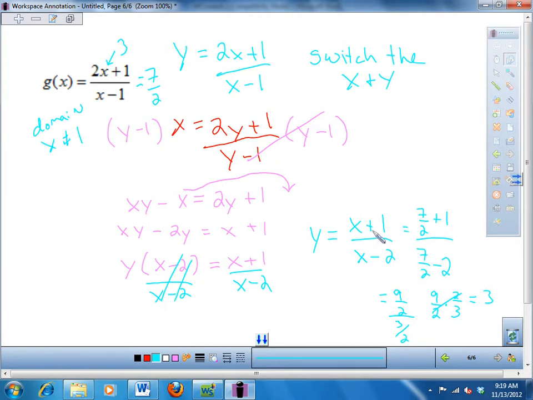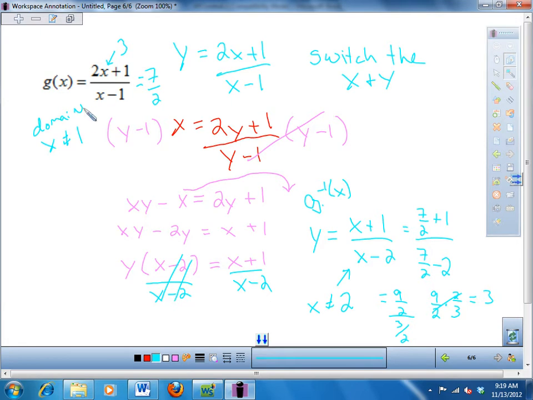So what is the domain of this function? We'll call this g inverse of x, which is y. G inverse of x: x cannot be equal to 2. And what happens is the domain of the function is the range of the inverse and vice versa.